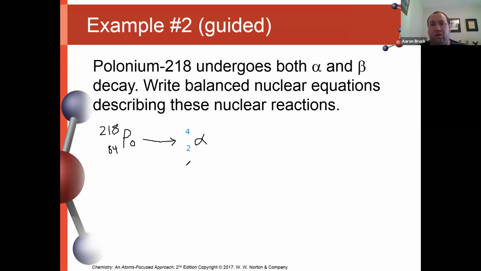Now, if you put here 4, 2, helium, that is widely considered to be acceptable as a way of showing alpha decays, because alpha decays do represent helium nuclei. You could do it in either way, if you so chose. We'll keep it the more conventional way for now.